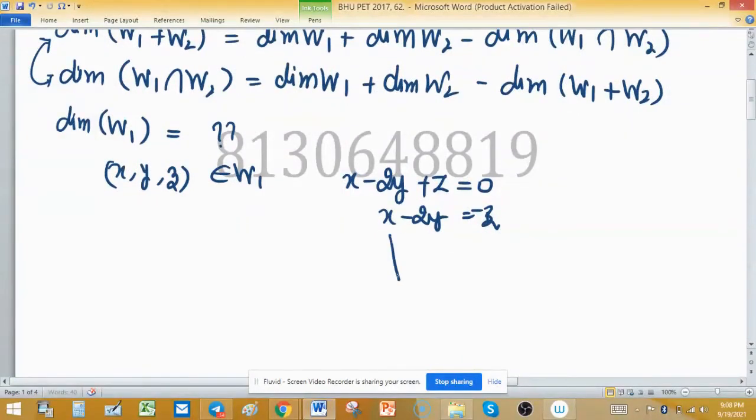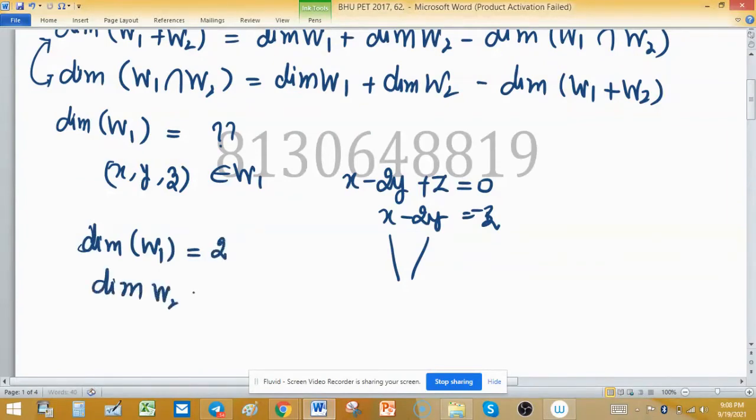If I assign values of x and y, then the value of z depends on these two values. Generally, if we assign values of two variables, the other one depends on them, so we have two choices for assigning values. So the dimension of W1 is 2.